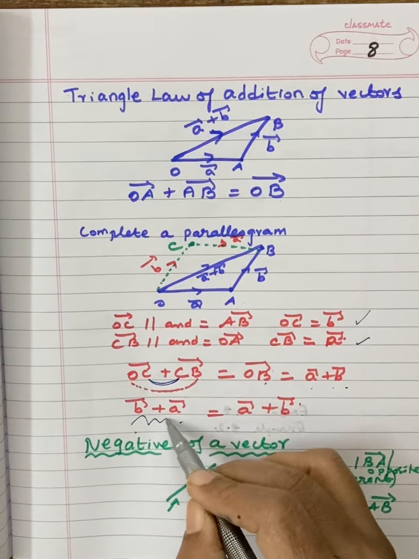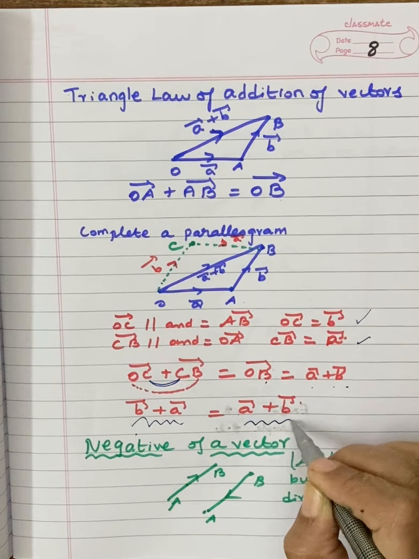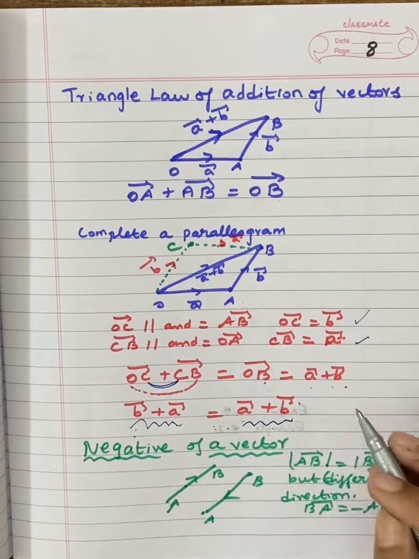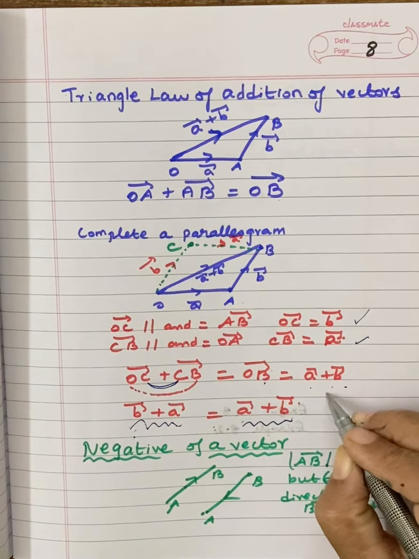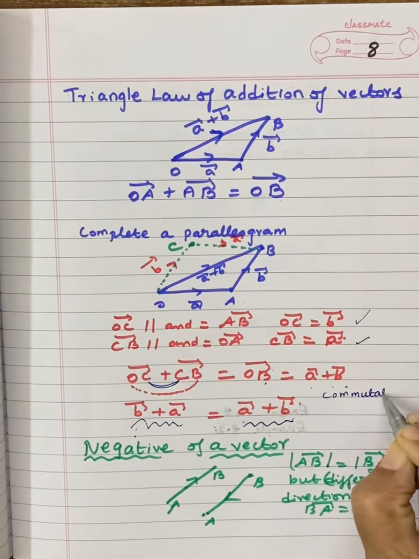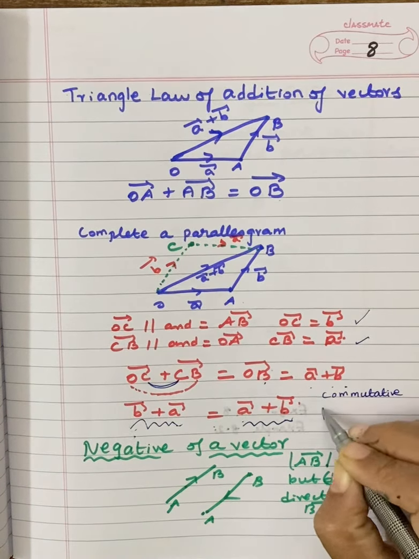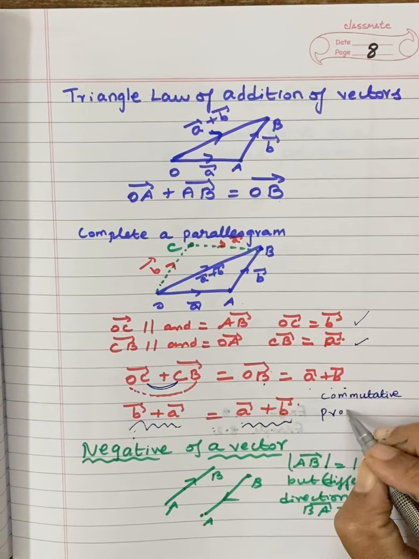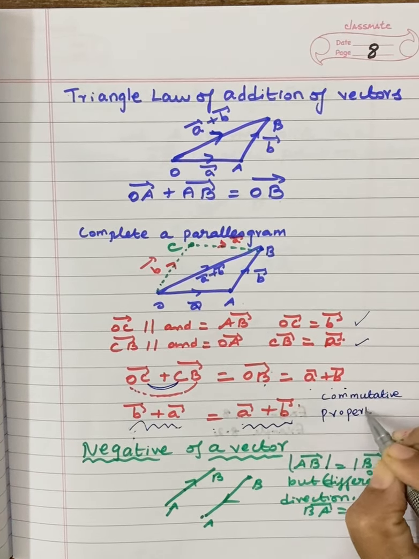So B vector plus A vector equal to A vector plus B vector. You have learned this in 6th standard. That is commutative property. So addition of vectors satisfies commutative property.